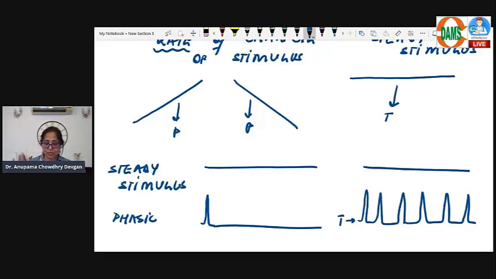Phasic will show a response initially, but then stops because it is rapidly adapting. Adaptation means the stimulus is present, but the response has decreased over a period of time.